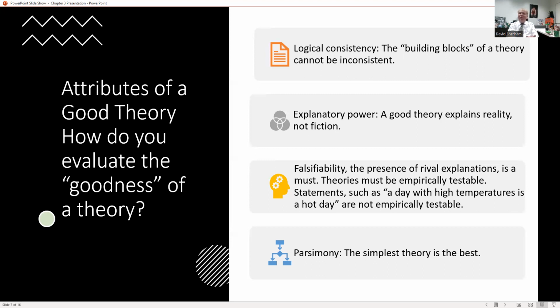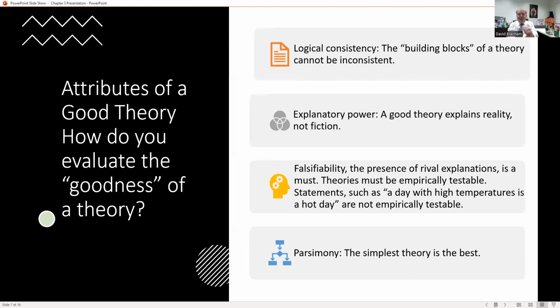Good theories are also falsifiable. The presence of rival explanations has to be there. So if you have a theory that says, as the example here says, a day with high temperatures is a hot day, well, we know that. Tautologically, it's not a sound theory because basically what you're saying is something equals itself. By definition, a day with high temperatures is a hot day. So that's not empirically testable.